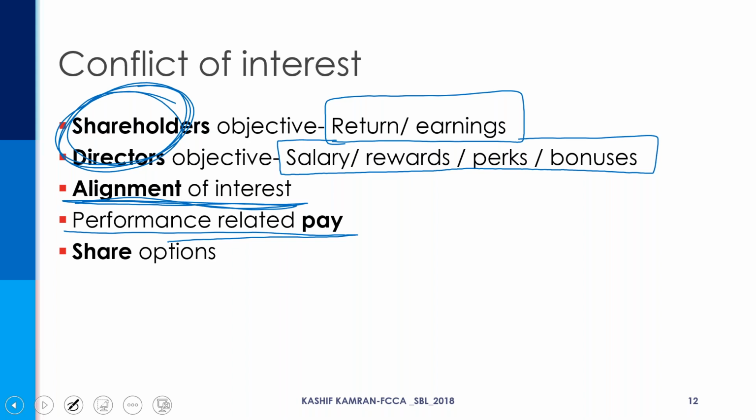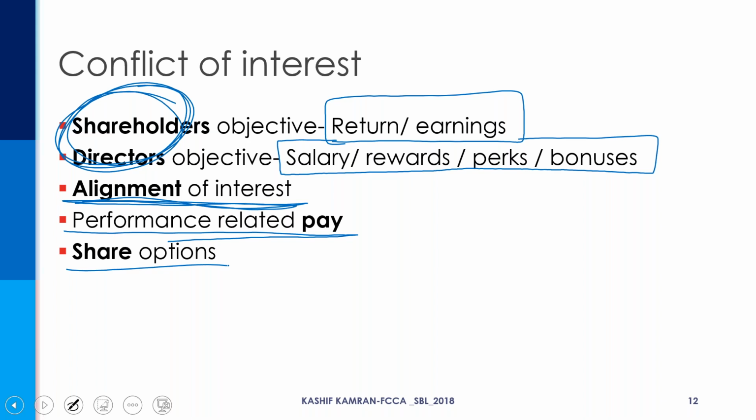Link the pay of a director with performance, because performance is what the shareholder wants. And give him share options, like with a 5 year vesting period.